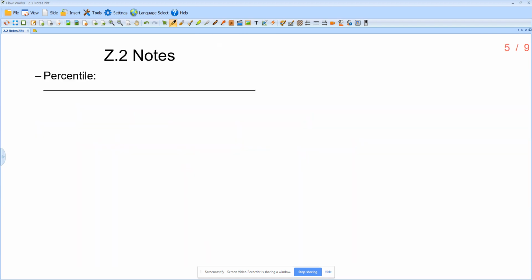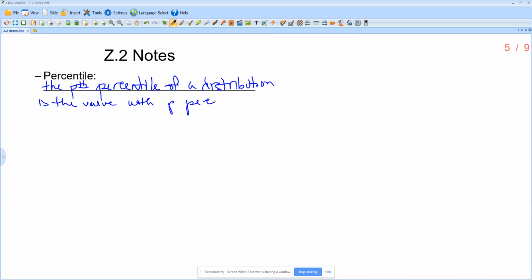Next, what we want to talk about is percentile. So percentile, the way that we are going to define this is the pth percentile of a distribution is the value with p% of observations less than it.